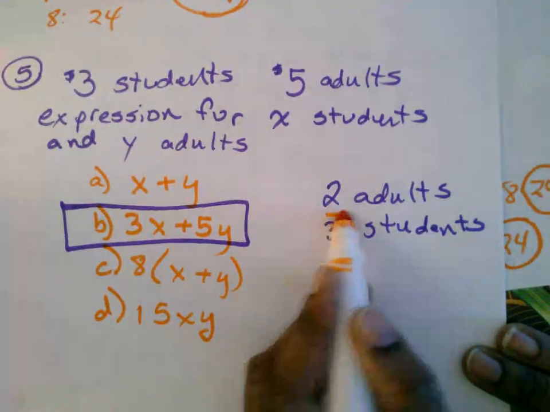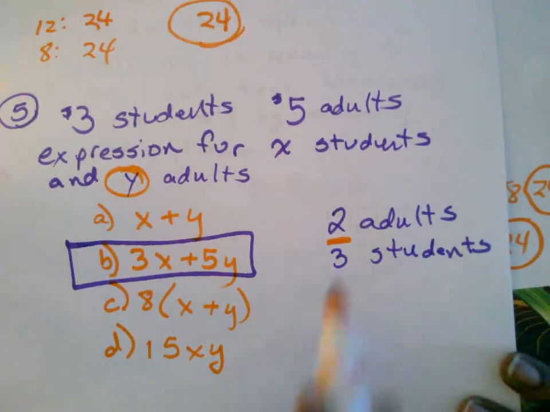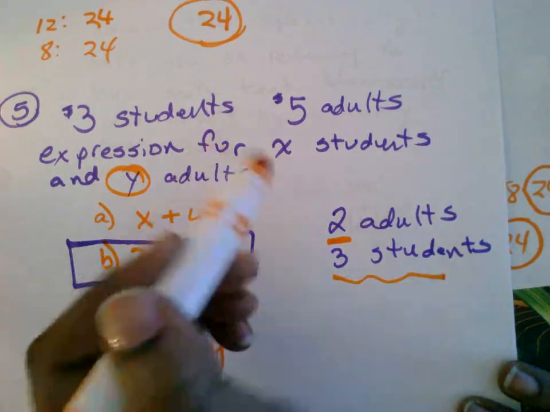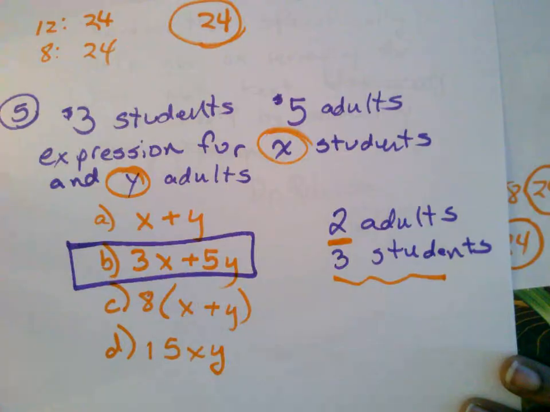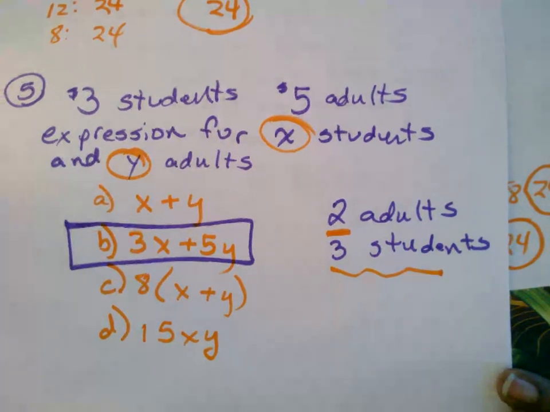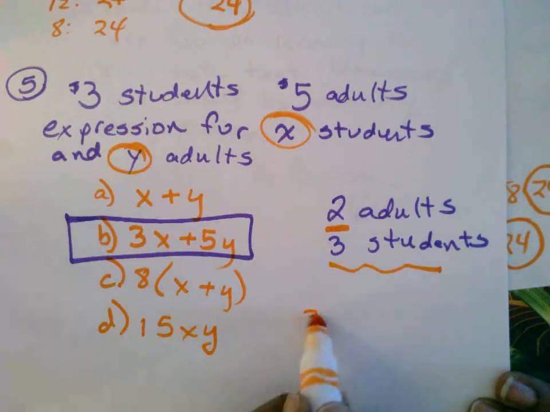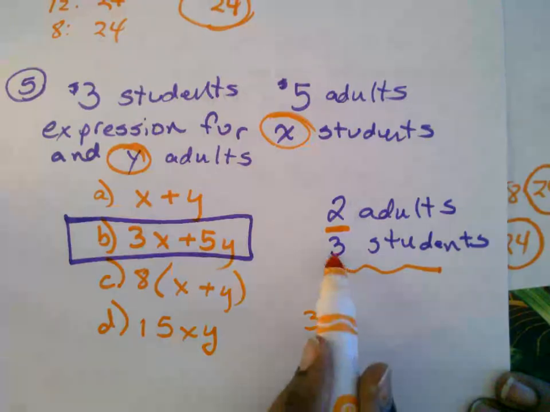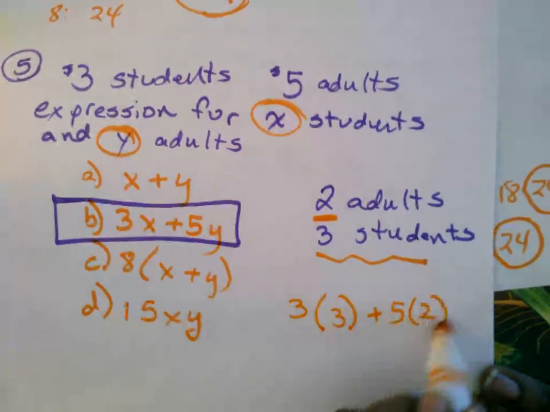All right, so 2 adults will be Y, and 3 students will be X. Do not mix those up. If you mix them up, you will get this wrong. So 3 times 3 plus 5 times 2.